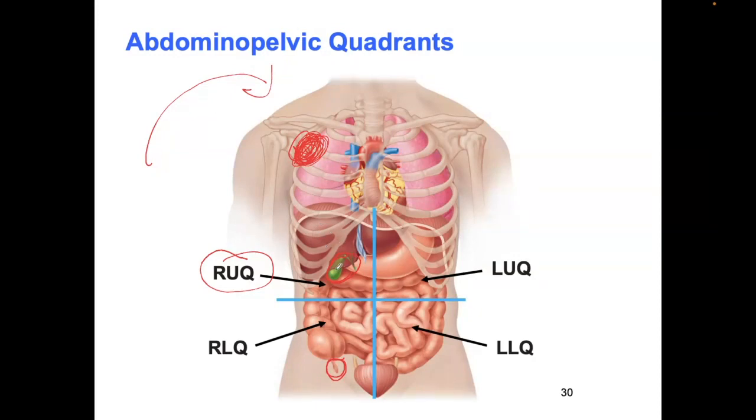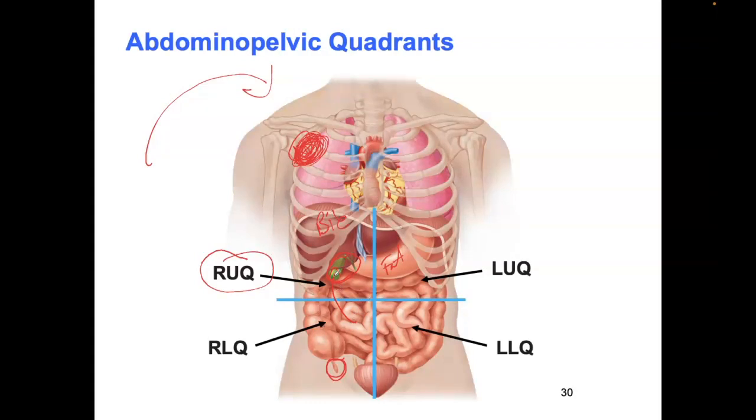So after a fatty meal, that's because the liver makes something called bile, and bile emulsifies, which means breaks down fat, but it makes the bile and it stores it in the gallbladder. And when there's fat in the stomach, the fat empties into the small intestine, and the small intestine sends a hormone to the gallbladder and makes it contract to push out the bile to break down the fat.